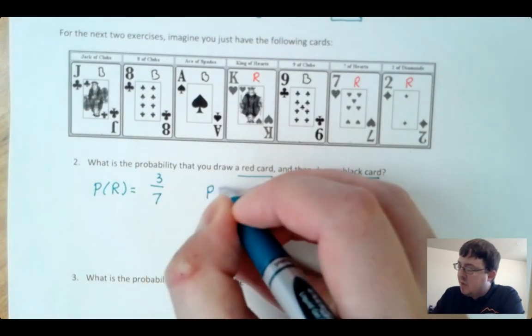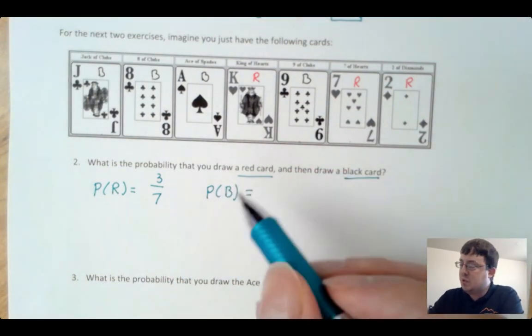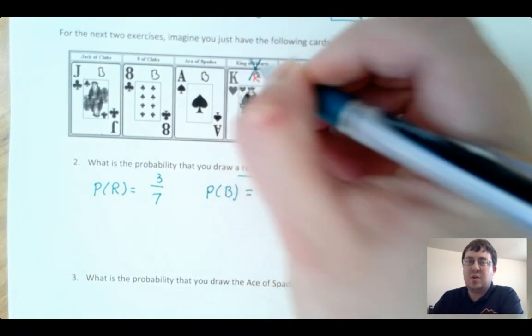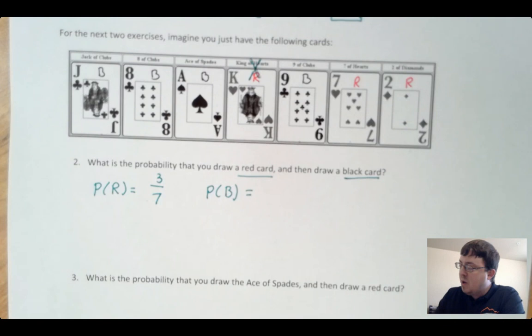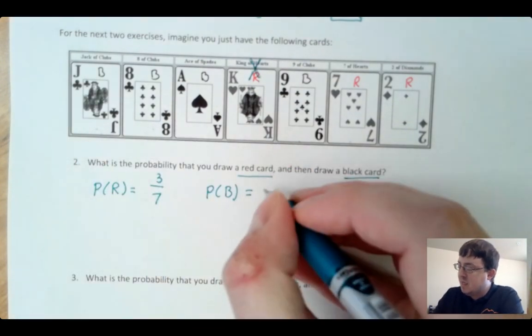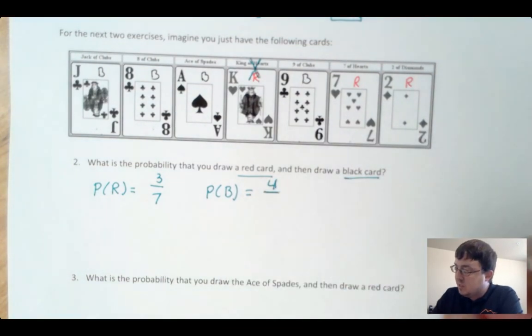The probability of a black card after drawing the red one. So assume that maybe the King of Hearts is gone. The probability of a black card: there are still 1, 2, 3, 4 black cards left because I didn't get rid of any of them. But because I got rid of one of the cards, there are only 6 cards left out of the total.